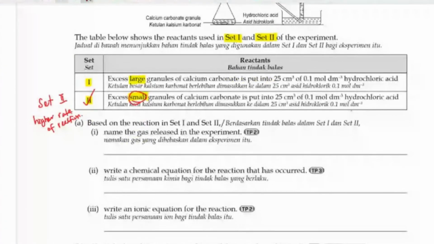So what is the product? Calcium chloride, very good, a salt.